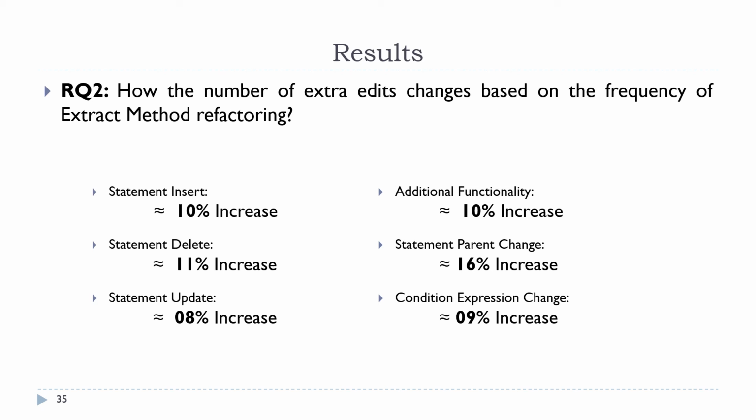From the significant models, statement parent change had the highest increase and statement update had the lowest. This means, for instance, it is expected an increase of 16% in the amount of statement parent change edits, 10% in the amount of statement insert edits, 11% in statement delete, 8% in statement update, and so on.